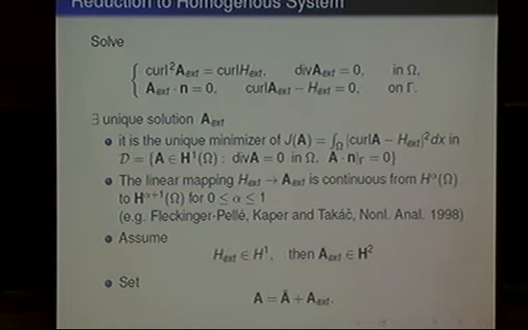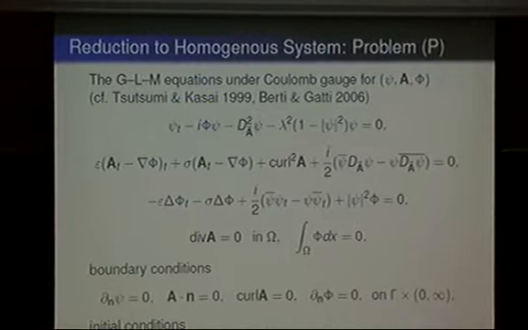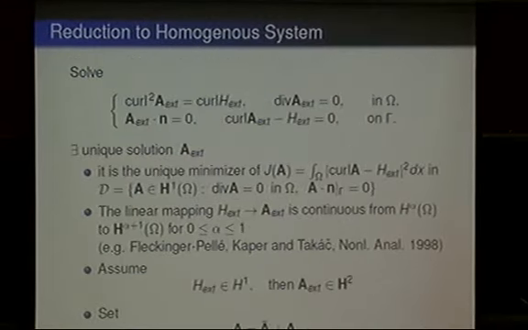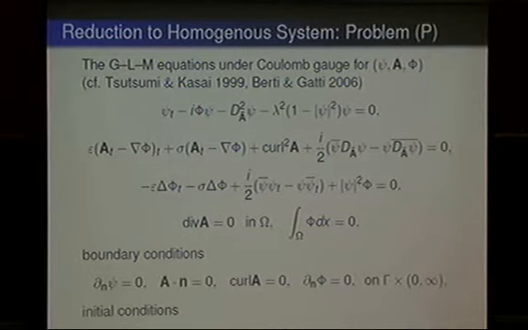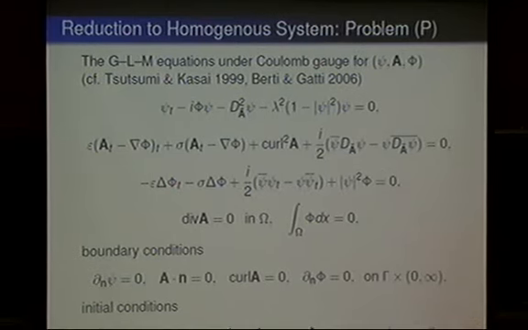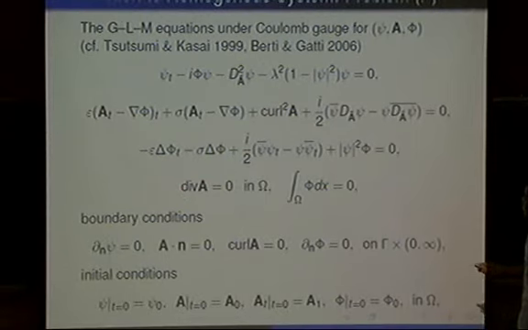So finally, we come to the following system. The first one is for the complex order parameter, and the second one is for the electromagnetic vector potential, and the third one is somehow like the Lagrange multiplier of the Coulomb gauge.